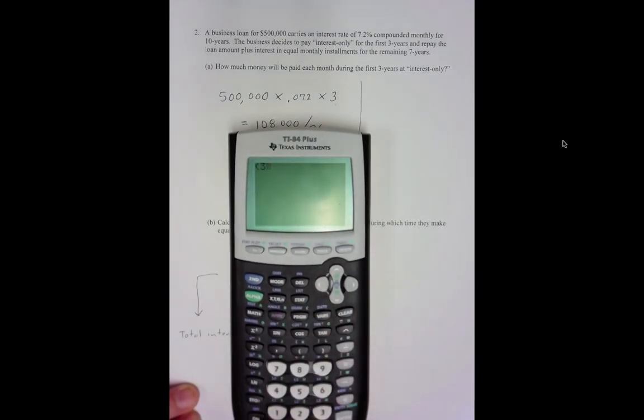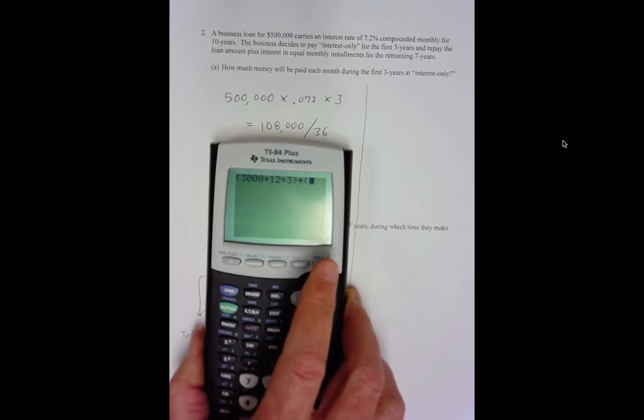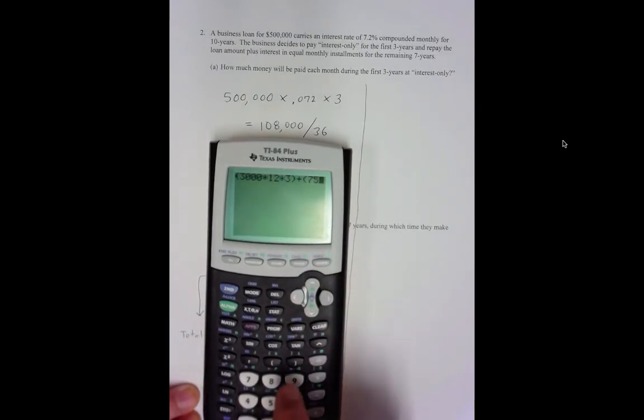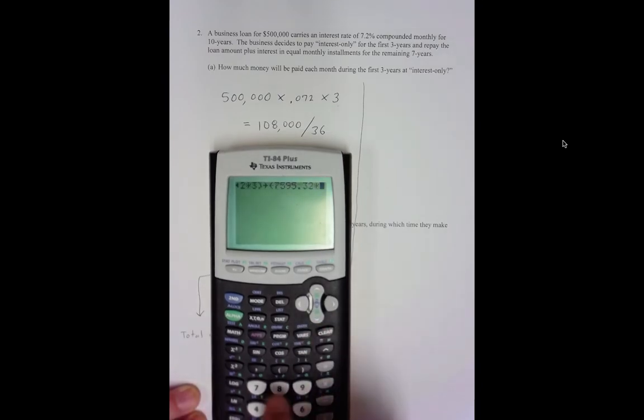So you're going to pay $3,000 times 12 times 3 plus they're going to pay 7595.32 times 7 years times 12.